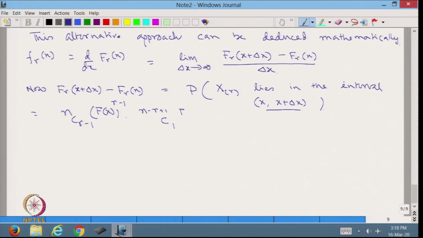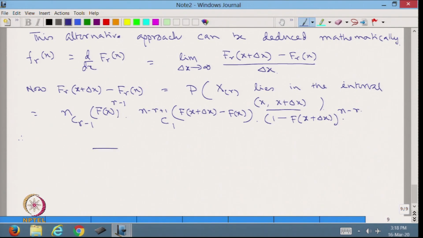Therefore, we can write it as F(x + delta x) minus F(x), multiplied by the remaining, that is 1 minus F(x + delta x) whole to the power n minus r.